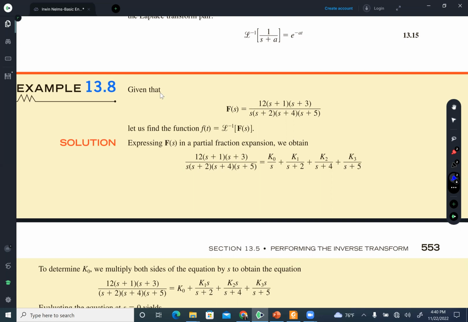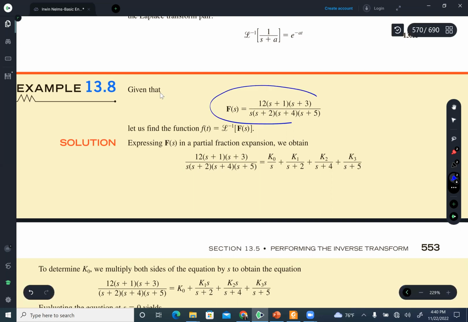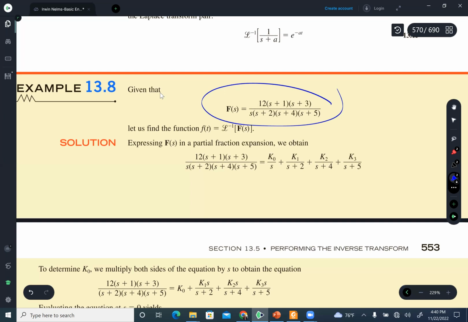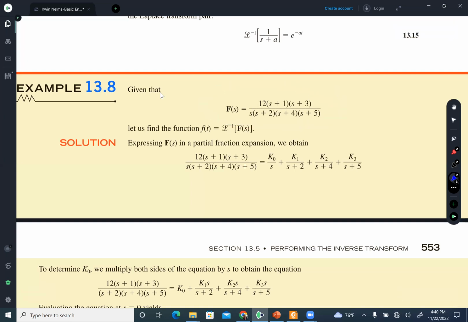It's better to just run through it by an example, right? So suppose we want to find the inverse Laplace transform of this expression. In other words, we want to find the time function whose Laplace transform is given by this, right? So how do you do that? What you need to do is, if possible, write it as a sum of terms whose individual Laplace transforms you know.